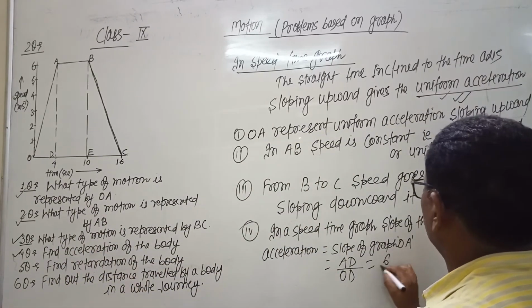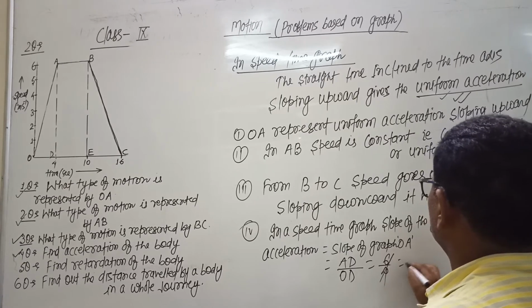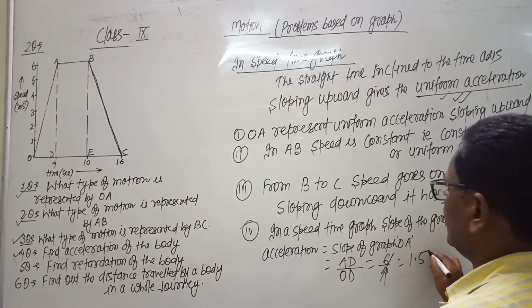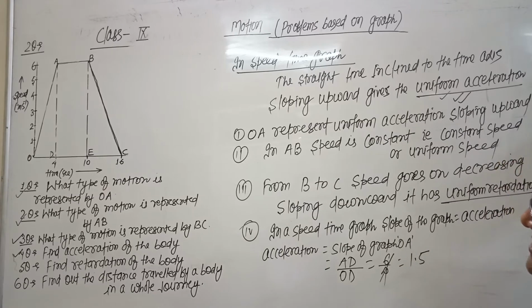So 6 by 4 is 1.5, and the unit of acceleration is meter per second square.